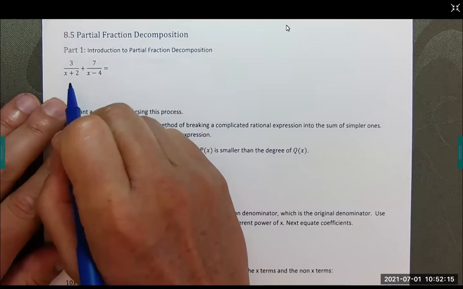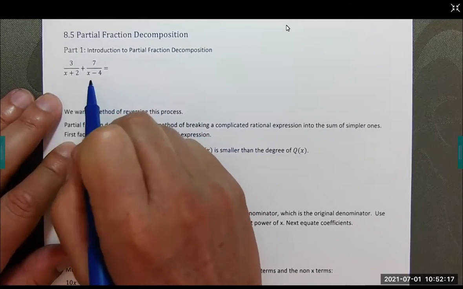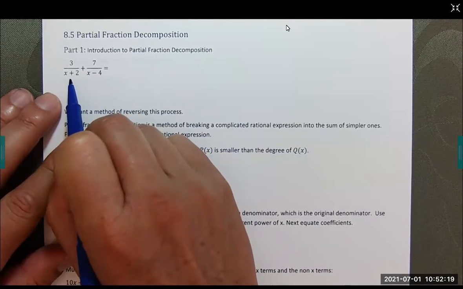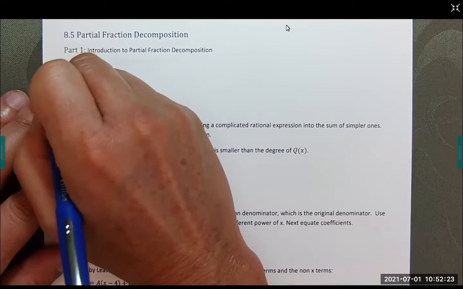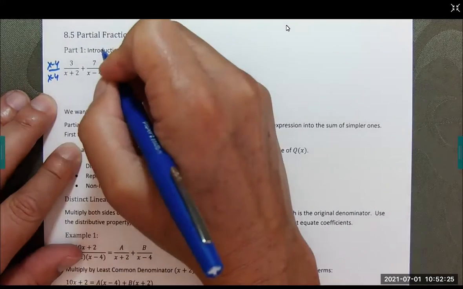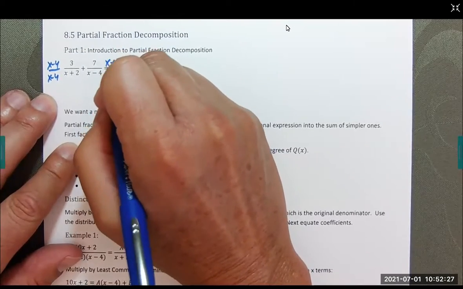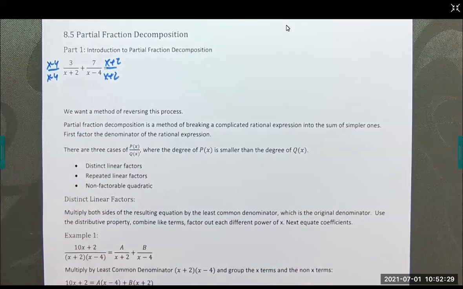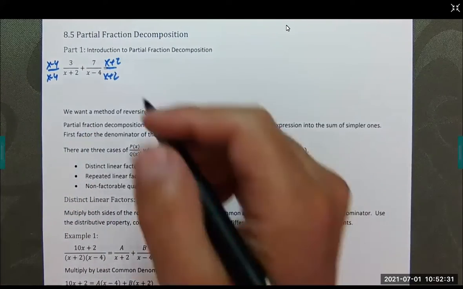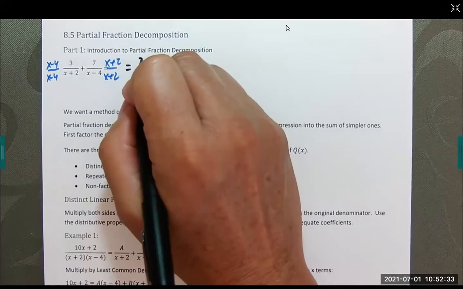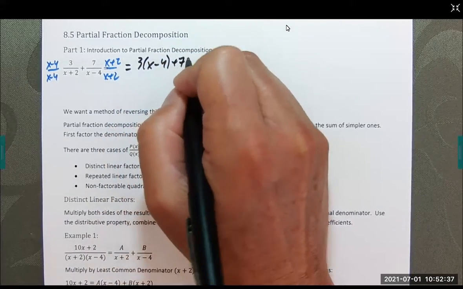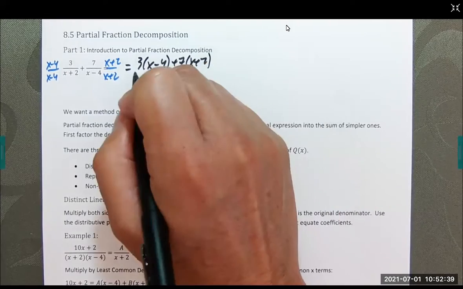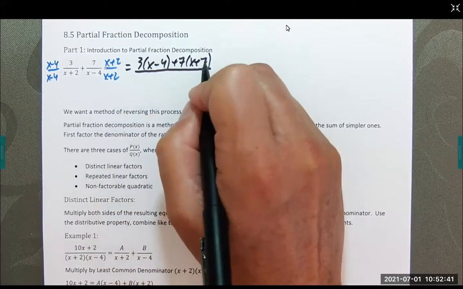The common denominator in this case is going to be x plus 2 times x minus 4. And to change that to be the common denominator, I'm missing an x minus 4. And here I'm missing an x plus 2. And what that's going to give us is this fraction here.